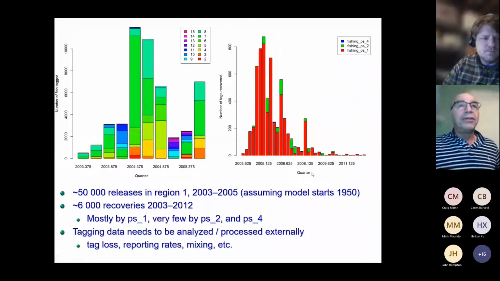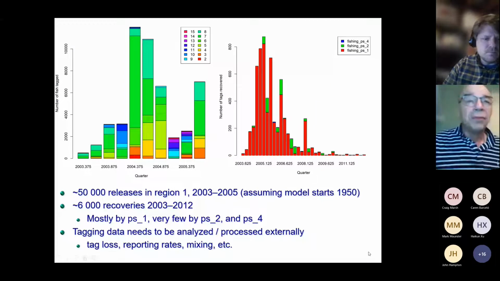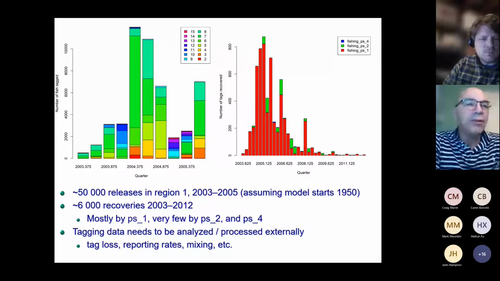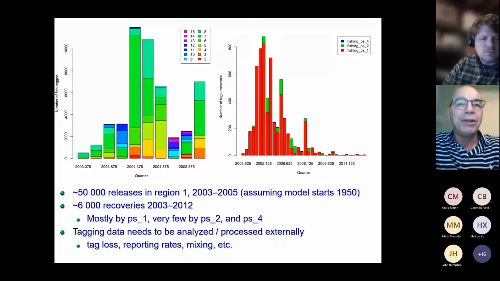For the tags, there is a large number of releases, but they're almost all in area 1. And we have a little over 10% of those tags recovered, but they're mostly by purse seine, again, still in area 1, and very few are purse seine in area 2 and purse seine 4.